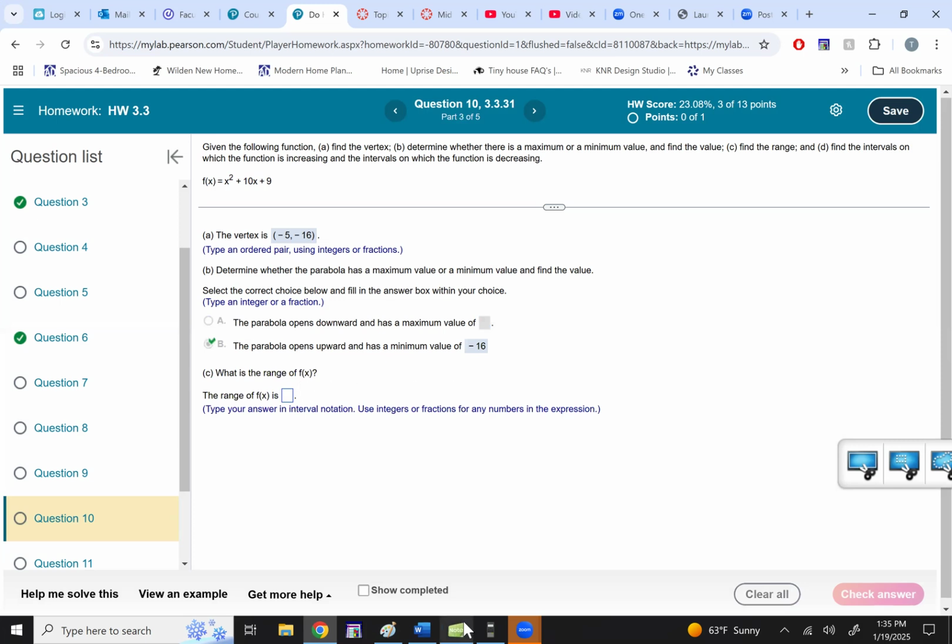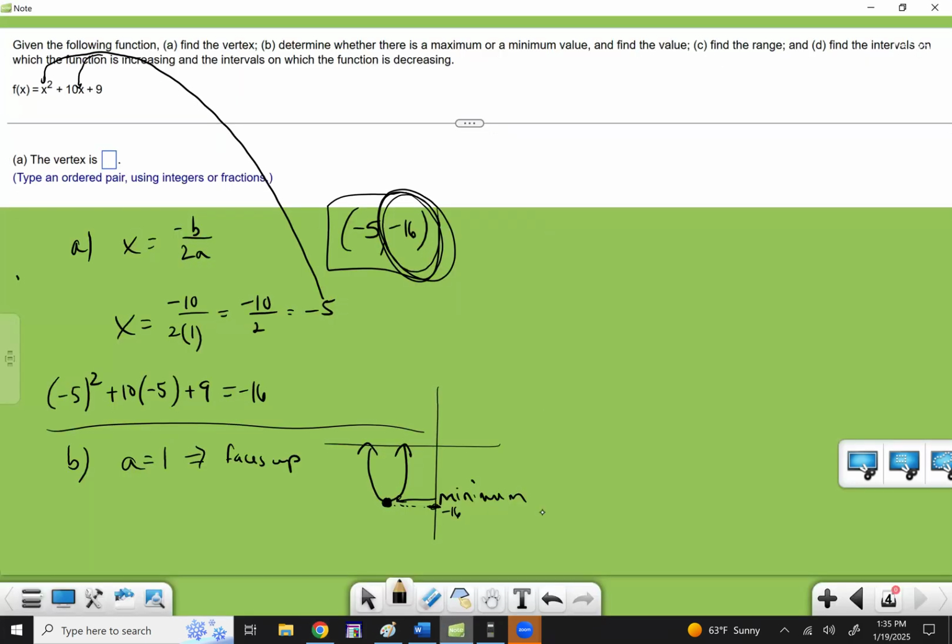What is the range? So, part C. Remember, for the range you have to go lowest to highest. Lowest, comma, highest. Well, we just said the lowest on our graph was negative 16. By the way, I put some random symbols in here, but they could be square brackets or parentheses. You just have to think. In order to figure out which to use, we have to ask ourselves, is negative 16 on the graph?